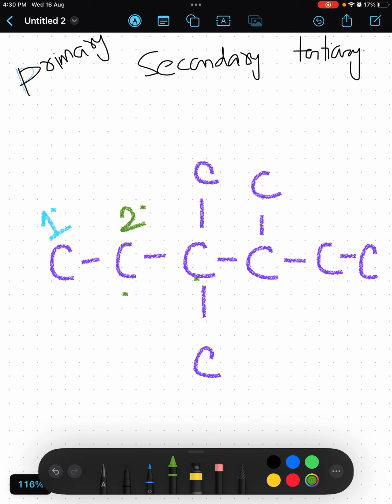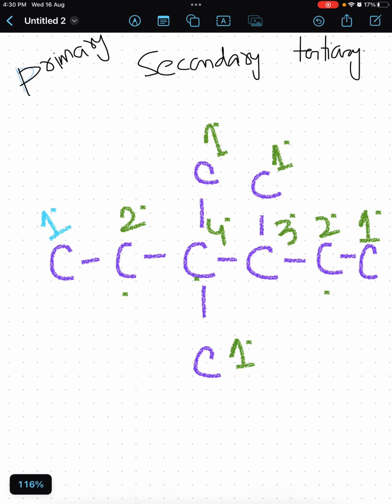This one is connected with four other carbons, so it is 4 degree carbon. This one is connected to three other carbons, so this is tertiary carbon, right? Then this one is connected to two carbons, so it is secondary carbon, and this is primary carbon. This is also primary carbon, this is primary carbon, and this is also primary carbon, right?